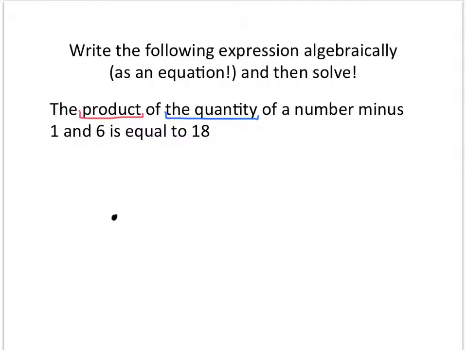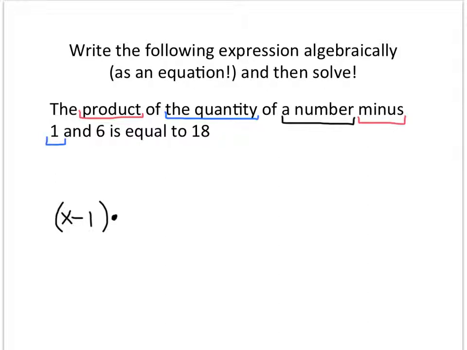Okay. So the product, there's my dot, of the quantity, I'm thinking parentheses. So I'm going to put parentheses. Of the quantity of a number, there's my next keyword, a number, that's going inside the parentheses because this is coming right after the quantity, a number minus, so that means subtraction, 1.